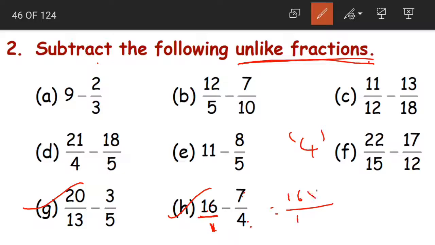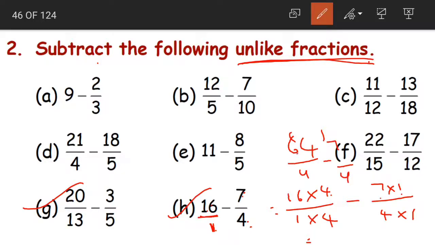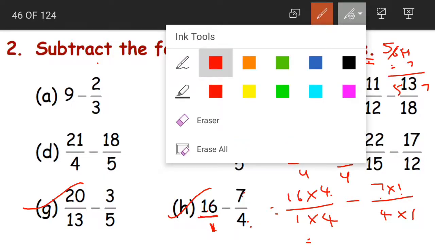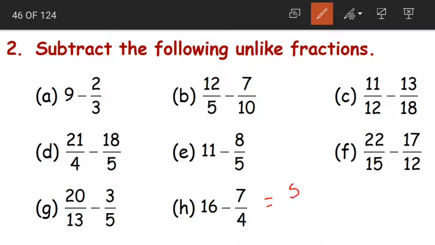So it will be 16 into 4 by 1 into 4 minus 7 into 1 by 4 into 1. 16 fours are 64 divided by 4 minus 7 ones are 7 by 4. 64 minus 7 is how much, children? 57. 64 minus 7 is 57. So the answer will be 57 divided by 4.